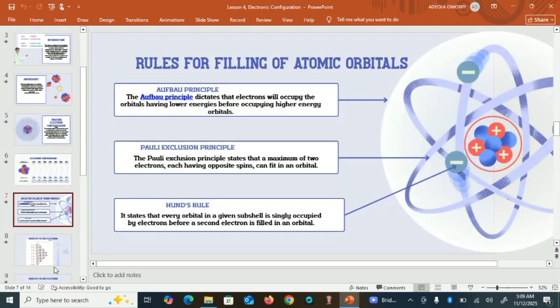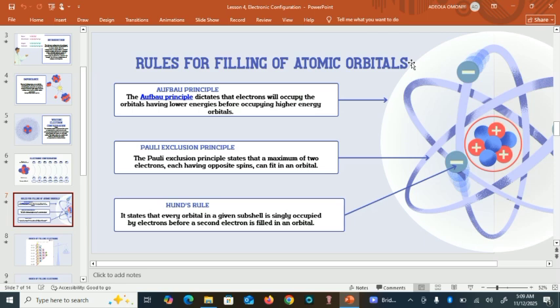Alright. Rules for filling of atomic orbitals. Apart from the rules, I told you that in filling the electron shells, 2 electrons go in the first shell and 8 electrons in all subsequent shells. We have rules for filling the subshell orbitals. We have the Aufbau principle that dictates that electrons will occupy the orbitals having lower energies before occupying higher energy orbitals.